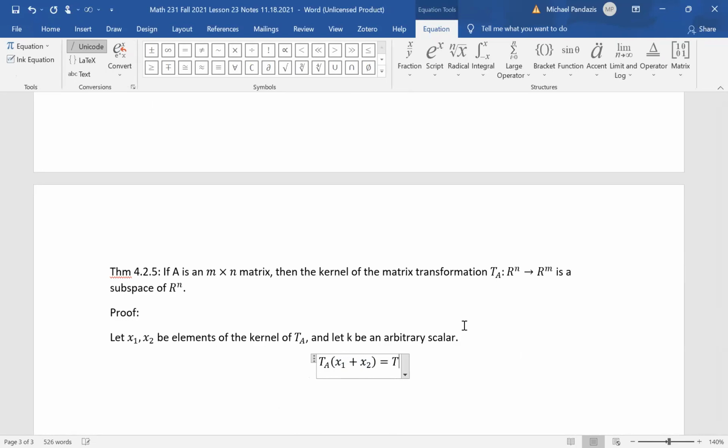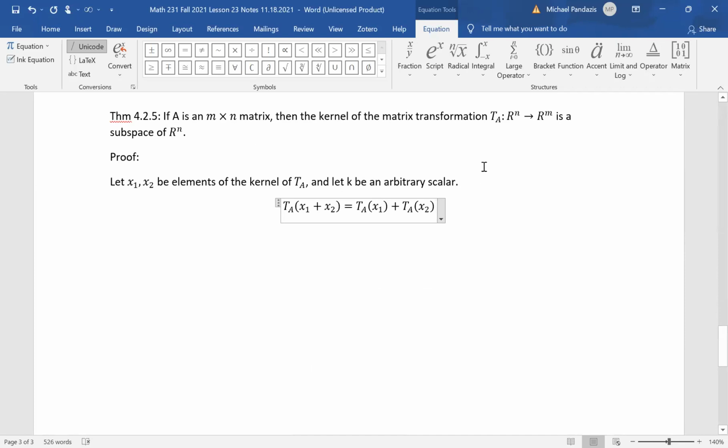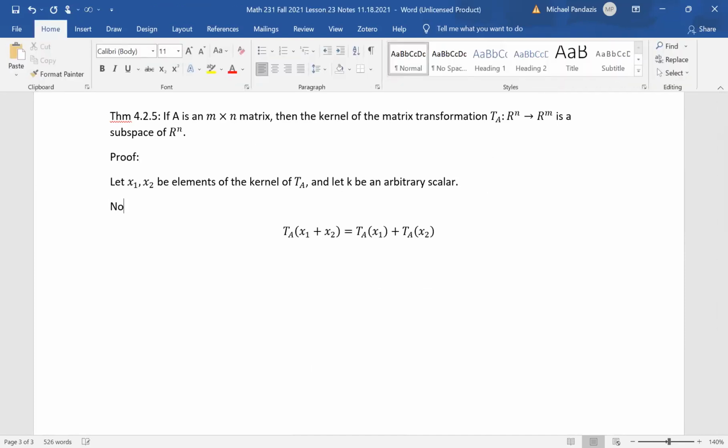Well, T sub A of x1 plus x2 has the properties of a matrix transformation. A matrix transformation is a linear transformation, and so it has what's called the additive property, that you can add it like this. This is one of the properties of a linear transformation. Note that something is a matrix transformation if and only if it is a linear transformation.